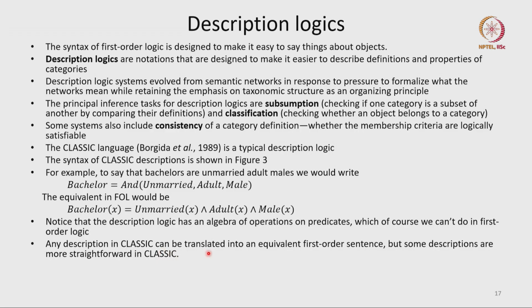In some cases the description logic comes out much more concise and easier to represent, but in some cases this description logic does not do as well a job as the first order logic. So, let us look at one example here.